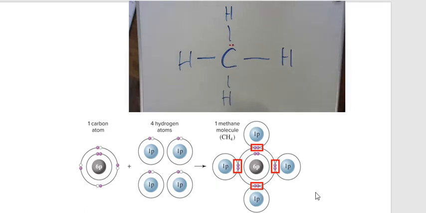The reason why it's shown like that and it makes a covalent bond is because those 2 electrons here tend to do this, always around carbon. Now the electrons that are shared between that hydrogen and that carbon tend to do that. That electron tends to spend as much time around the hydrogen as around the carbon.